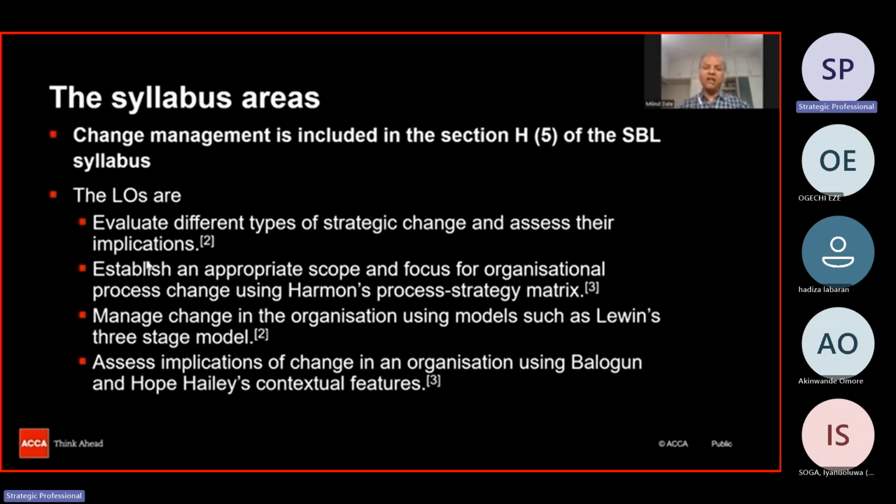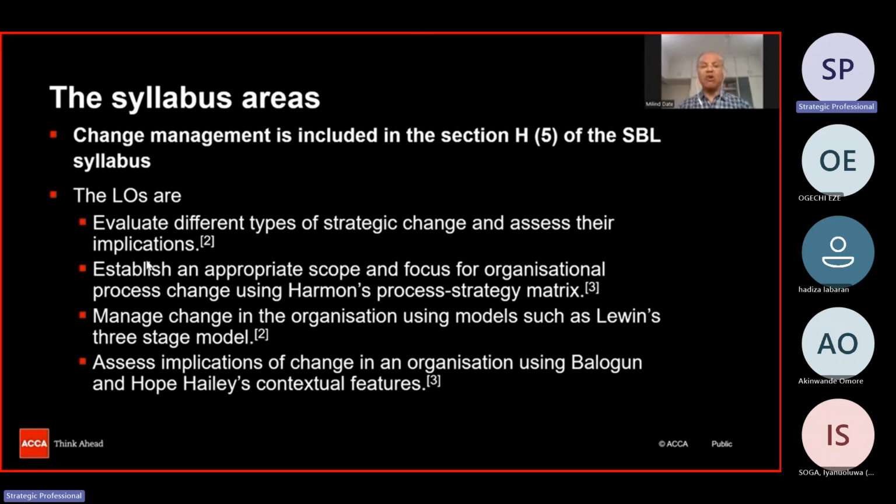You need to understand the implications of the change on the organization and also know what drives these changes. What are the influencing factors that must be taken into account before change management is implemented? And it also refers to some of the theoretical models of change management that have been developed by experts.